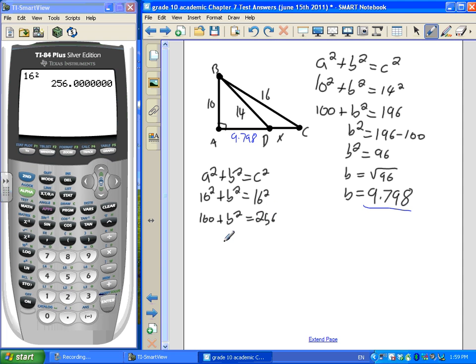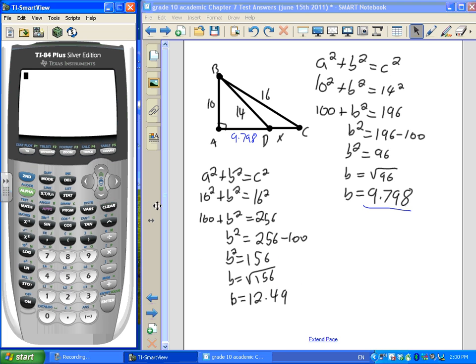We bring 100 to the other side. It becomes 256 subtract 100. B squared is equal to 156. We find the square root of both sides. So the square root of 156 is equal to 12.49. So the distance from A to C is 12.49.